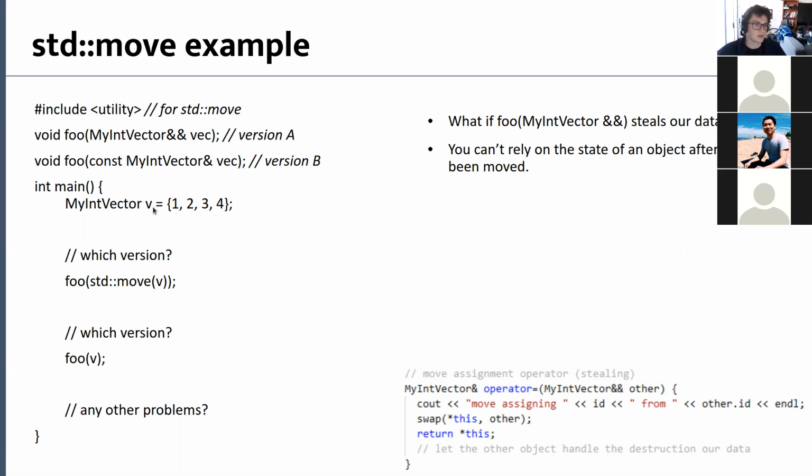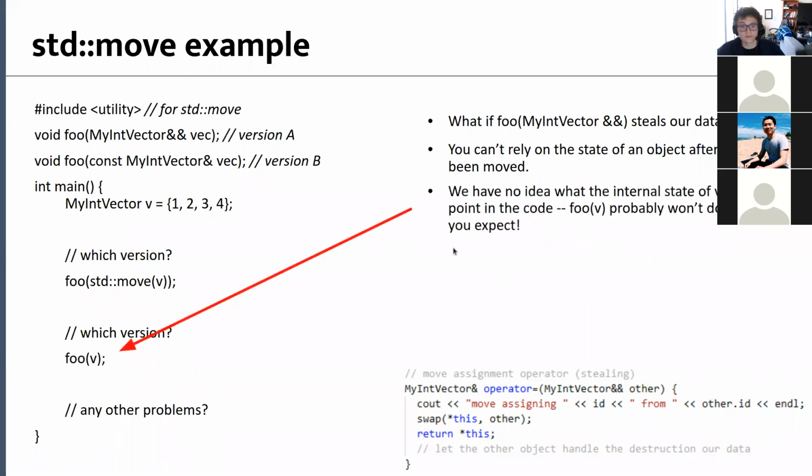And again, you don't know what to expect if you are using move on some value that you want to use later. So rule of thumb, only use std::move when you don't actually need the value of the variable after it's done returning. So just another thing to point out there.